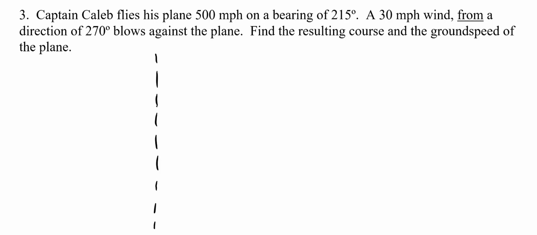And it's 215 degrees. So here's 215 degrees. There's the plane. Okay, and I drew it a little more extreme. So what I don't want to happen is, let's draw that back in there.